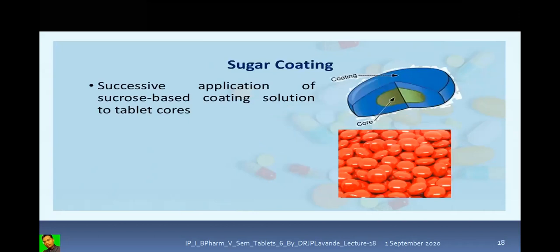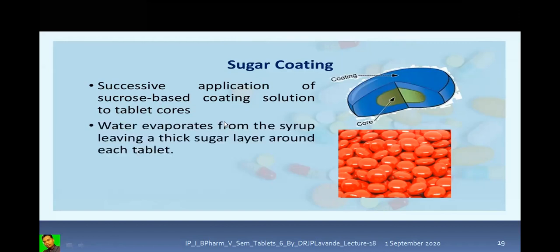So this is the sugar coating. You can see there is a core, that is the tablet which is produced through the process of compression. And this tablet is coated by giving subsequent layerings of sucrose, that is the sugar coating. You can see these tablets are appearing shiny and bright in color. Sugar coating involves the successive application of a sucrose based coating solution to the tablet cores, and water evaporates from the syrup, leaving a thick sugar layer around each tablet.